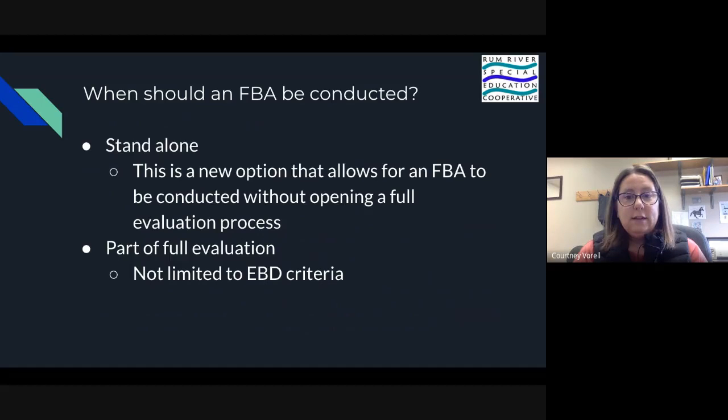The behavior analysts with the co-op are happy to help you and teach you that process of the evaluation. Sometimes people think, oh, it's too much work. But once you get going, it's really pretty easy. And it teaches you to have an eye on function, which is just a really great thing to have all the time anyway.